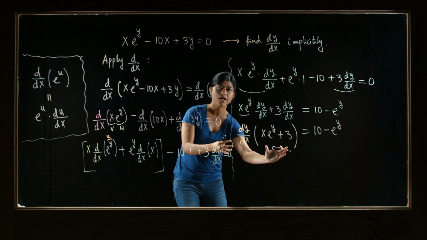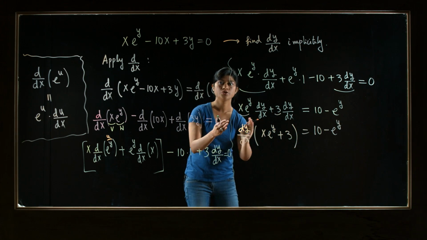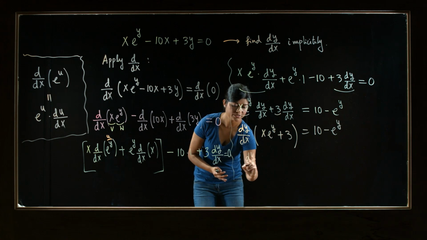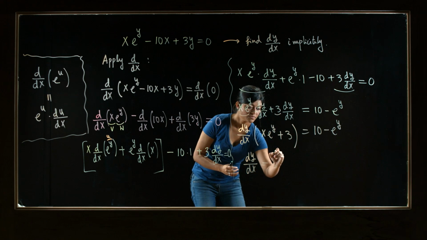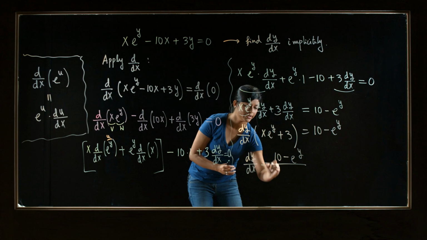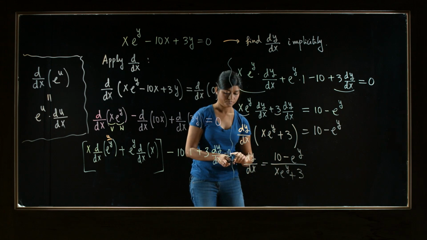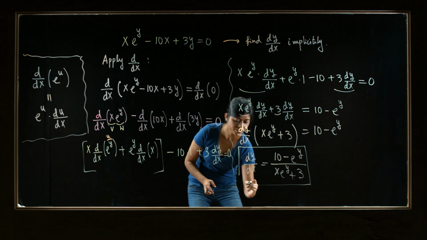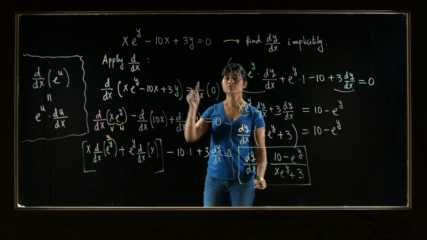We just have to divide both sides of the equation by this expression that is attached to dy dx. So we get dy dx is equal to 10 minus e to the y divided by x e to the y plus 3. And so we have our expression for dy dx from this initial equation.